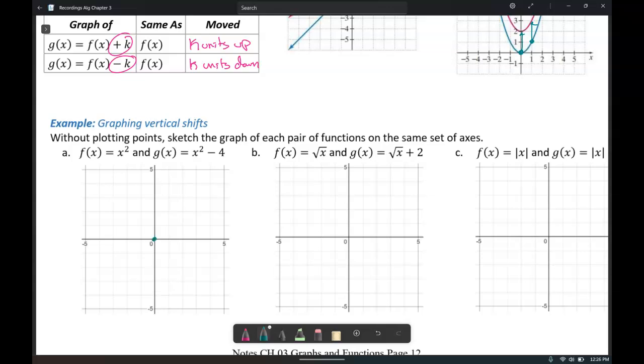So if we remember that a quadratic graph follows the same 5 ordered pairs, (0, 0), (1, 1), (2, 4), and these reflected points on the other side, we know that f of x, x squared, is always going to be this shape.